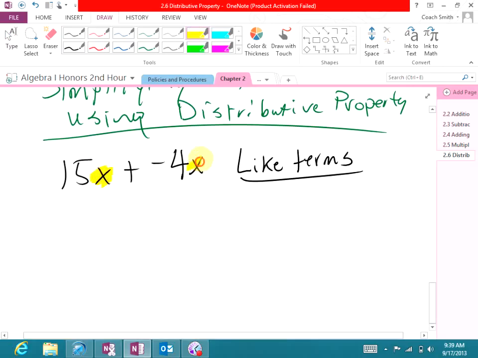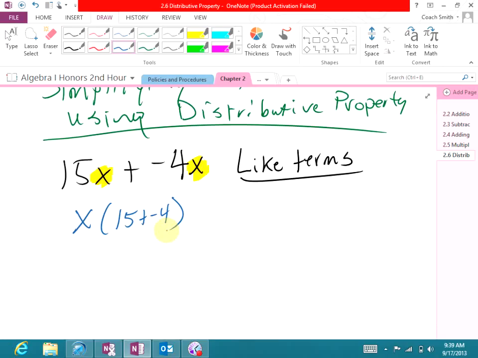This right here is the common factor between the two terms. So I can rewrite this problem using the distributive property. Those two expressions are the same. They're equivalent.